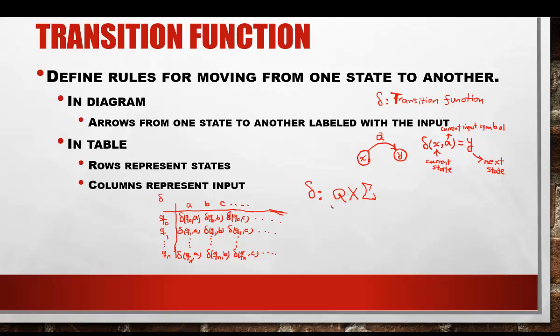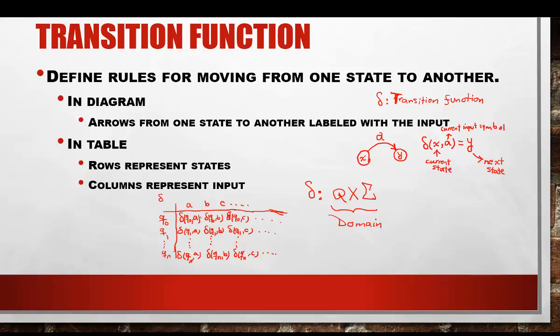This is very, very important. So the domain of my delta function comes from an ordered pair. So the input, as you see here, will be Q sub 0a, Q sub 0b, Q sub 0c, Q sub 1a, Q sub n, b, or whatnot.